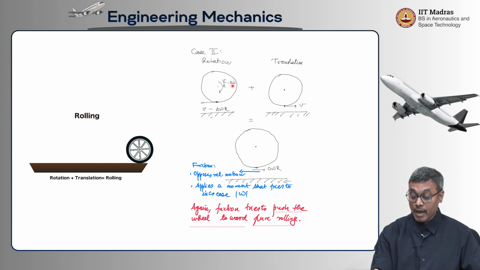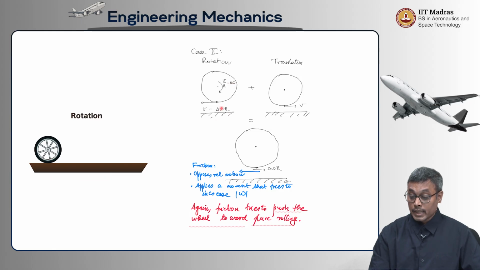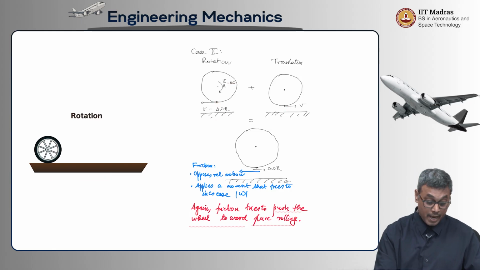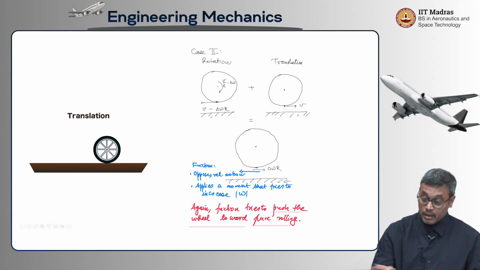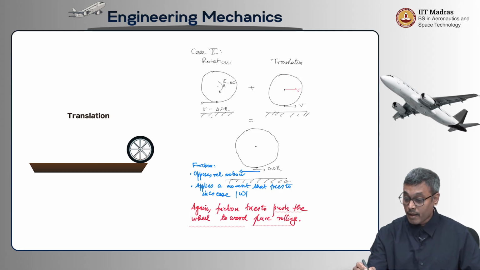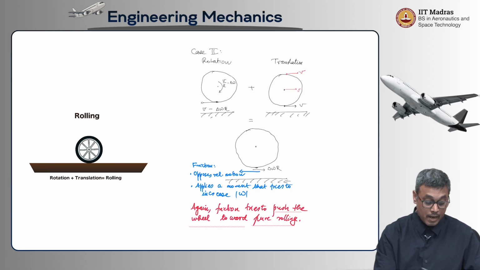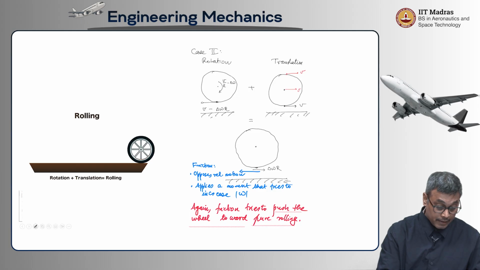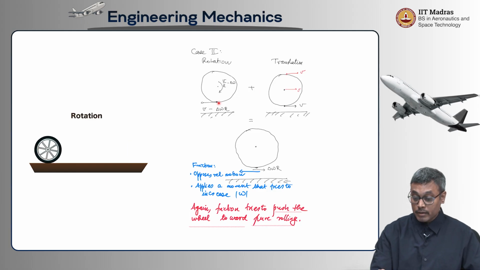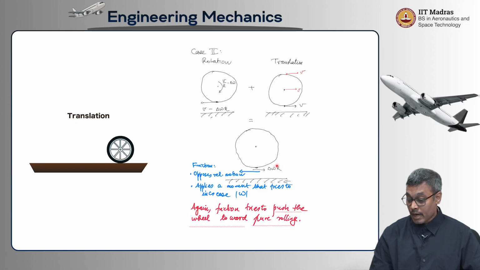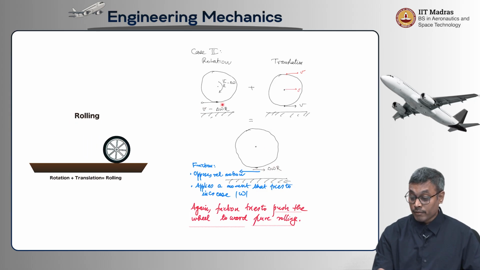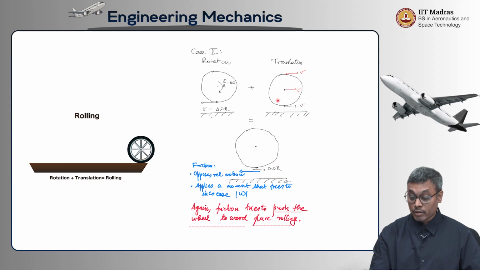Suppose the wheel is rotating slowly, then again we have over here translation with v, and at the point of contact the wheel is actually having a forward, effective net velocity, right? This v and that v cancel if you add these two cases.